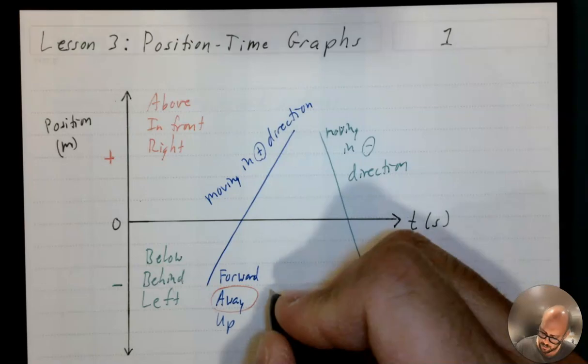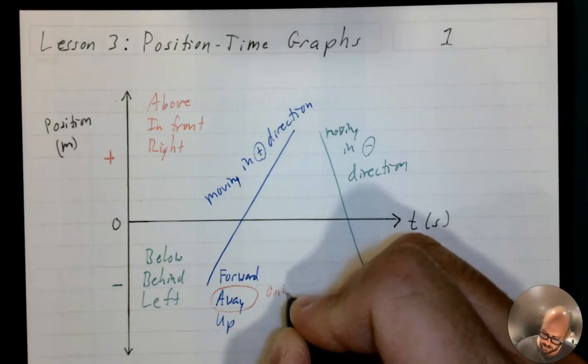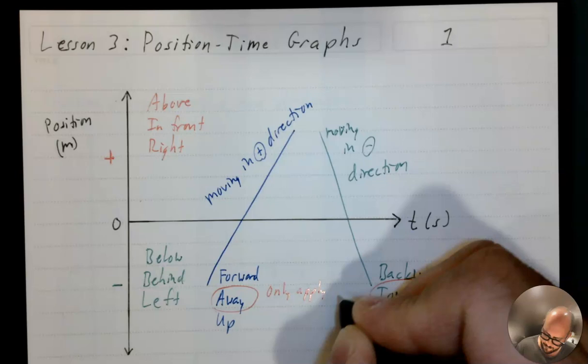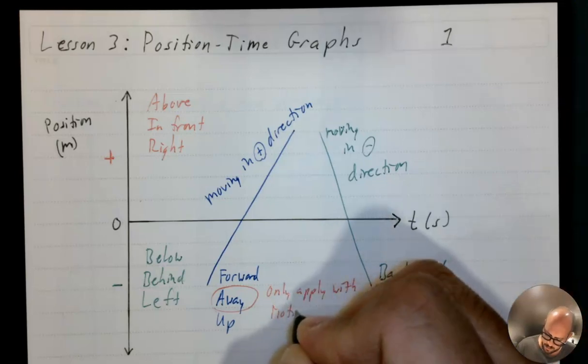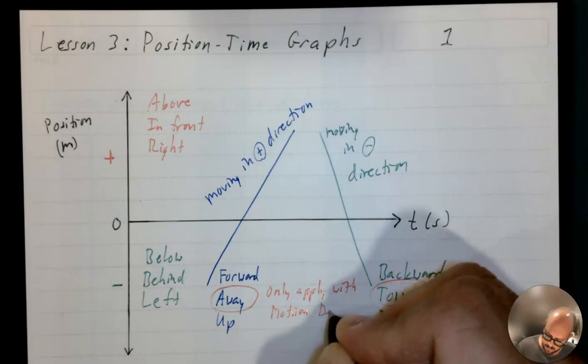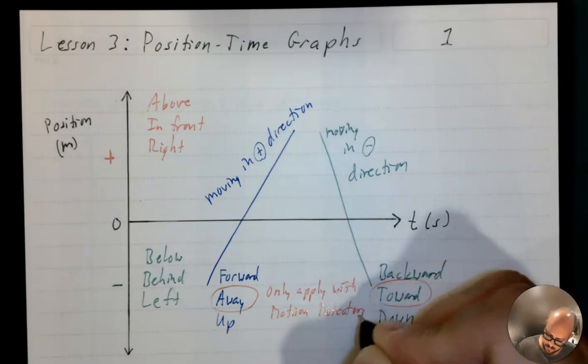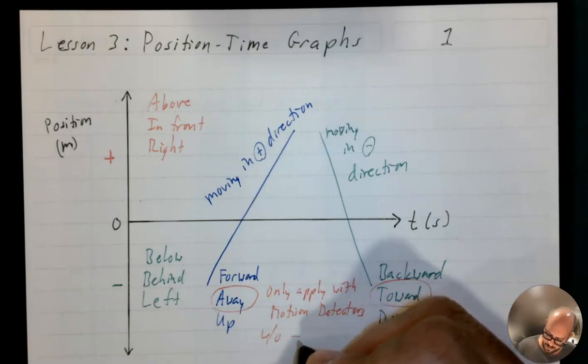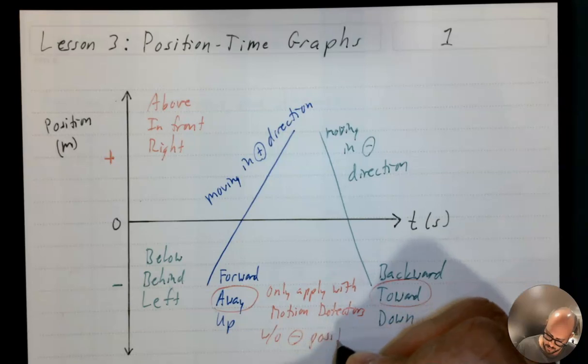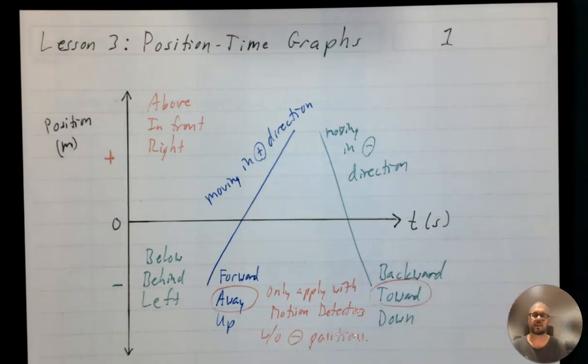So I just want to note that these words only apply with things like motion detectors, where there are no negative positions. In other words, if you can never be behind something, then you can use the words away and toward to describe that. So everything else is good, but that's the only mistake there.